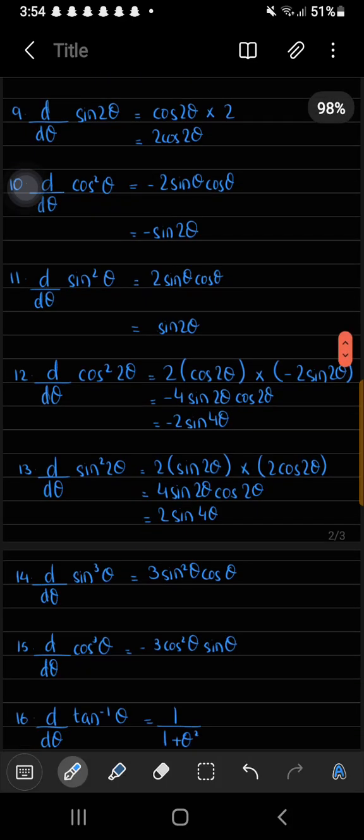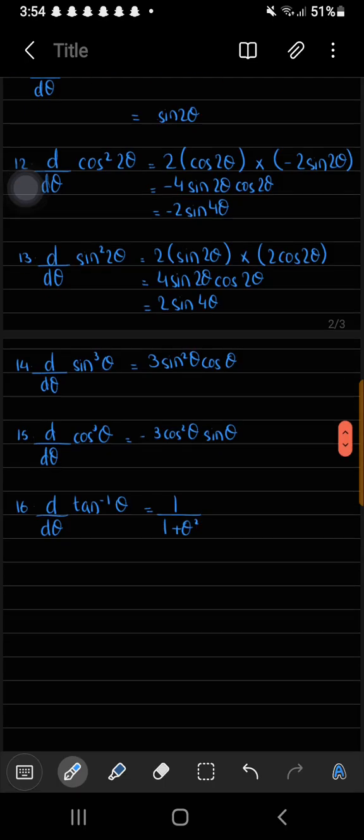Then at 12th we discussed differentiation for cos square 2 theta will be negative 2 sine 4 theta, and differentiation for sine square 2 theta will be positive 2 sine 4 theta. Then differentiation of sine cube theta is 3 sine square theta cos theta, and differentiation of cos cube theta is negative 3 cos square theta sine theta.